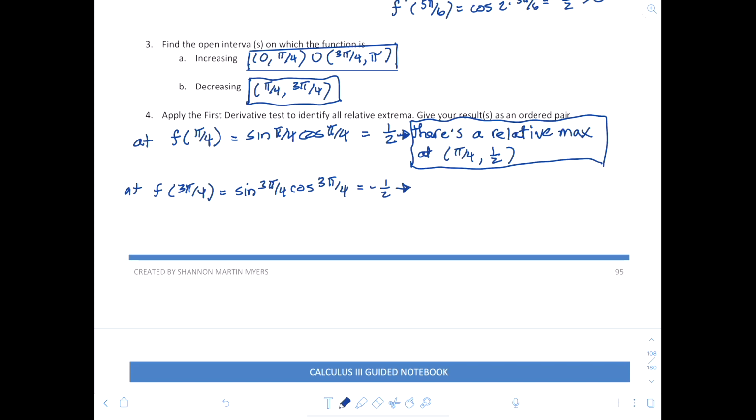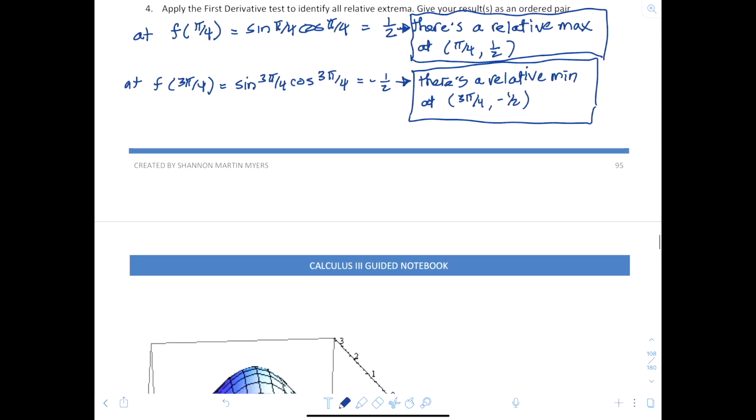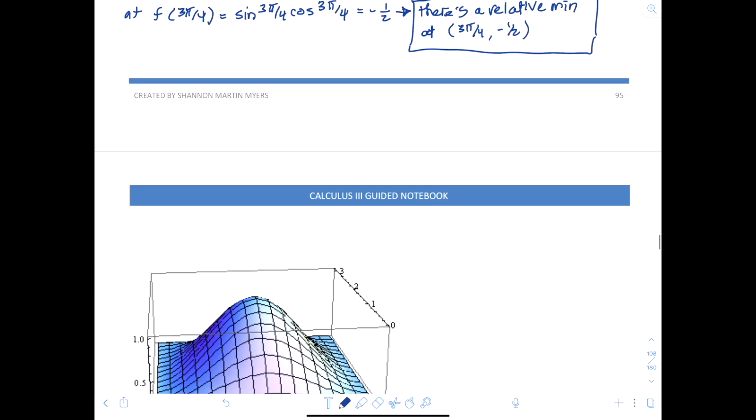So there we have a relative minimum at 3 pi over 4, comma negative 1/2. All right, and we're done. So we didn't do the whole curve sketching experience, but hopefully this rings some bells for you.